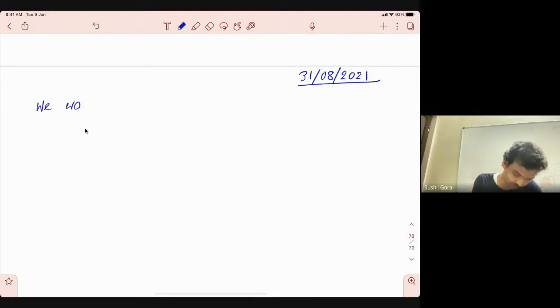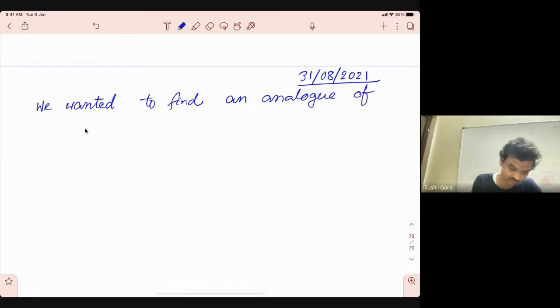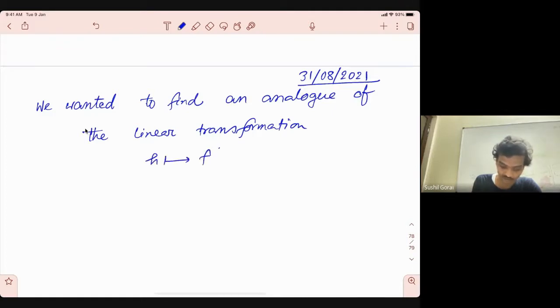We wanted to find an analog of the linear transformation h goes to f prime a times h in real variable, in one variable.